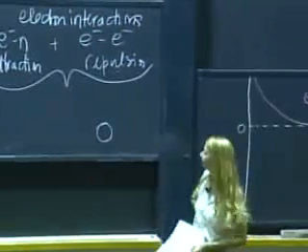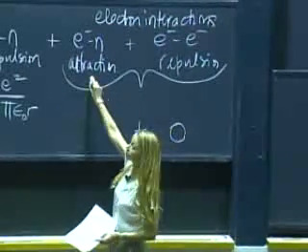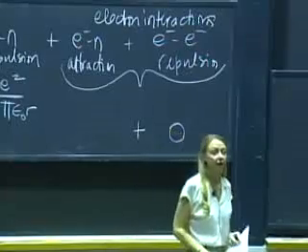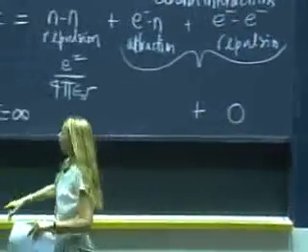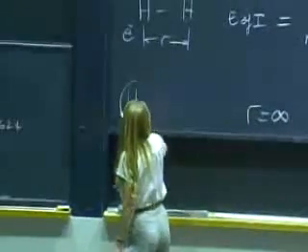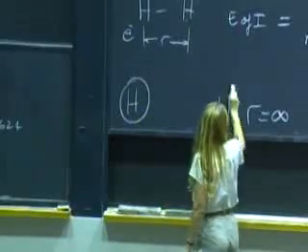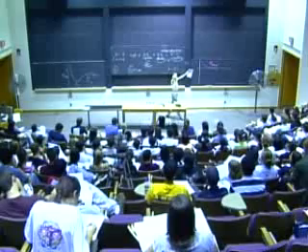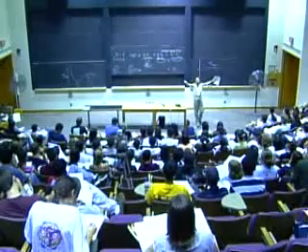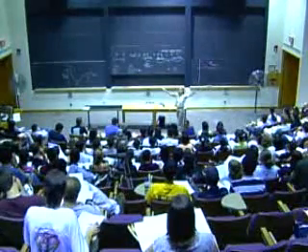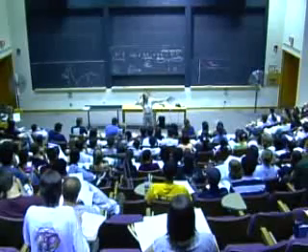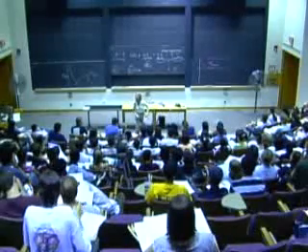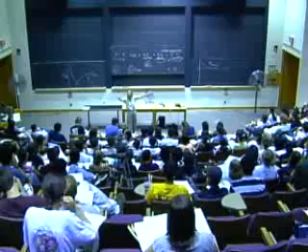Good. But now, this term, the electron nuclear attraction, when the two hydrogen atoms are very far apart, what is the energy of the electron nuclear attraction there? Pardon? I can't hear you, so I'll tell you. It is the binding energy of a 1s electron, right?